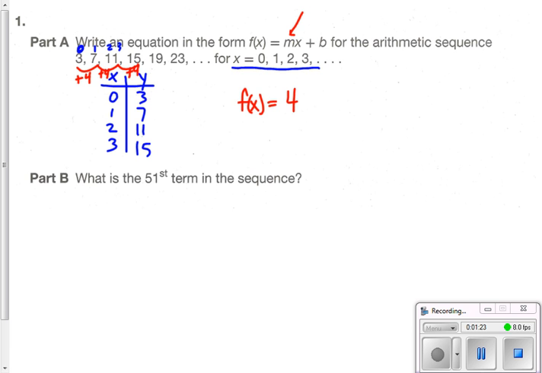And now we need to determine our b value. Our b value is the y-intercept. There are a couple of ways you can approach this. One way is if they give it to you, if you actually start with 0. When x is 0, it's telling you that y is 3.